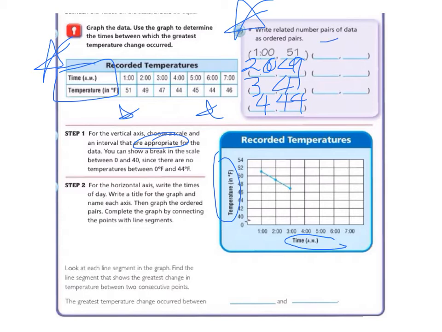At 5 o'clock, it was 45 degrees. At 6 o'clock, it was 44 degrees. At 7 o'clock, it was 46 degrees. So then it says to graph the ordered pairs.